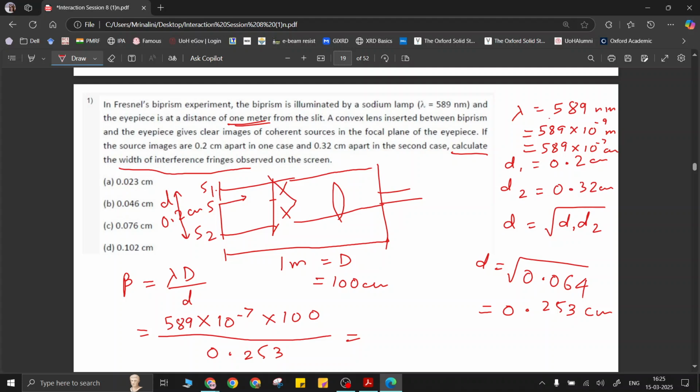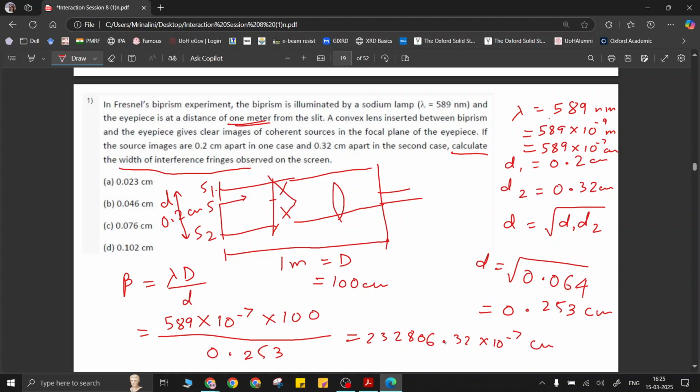589 multiplied by 100 divided by 0.253. This will give 232,806.32 something times 10 to the power minus 7 centimeter.